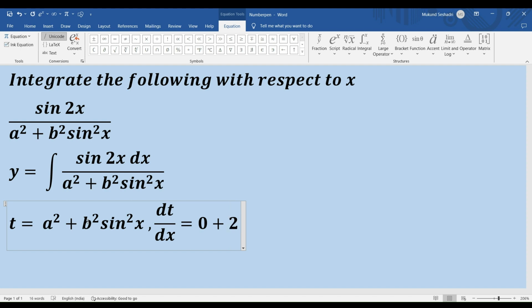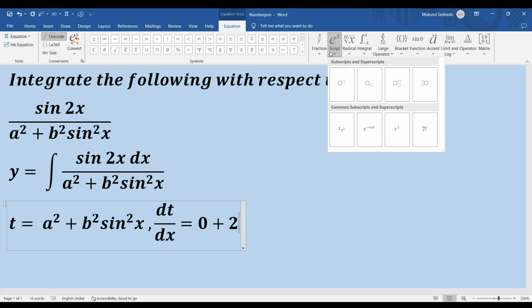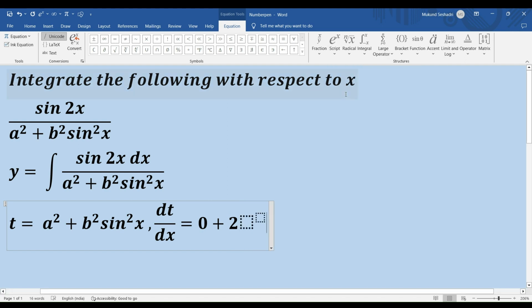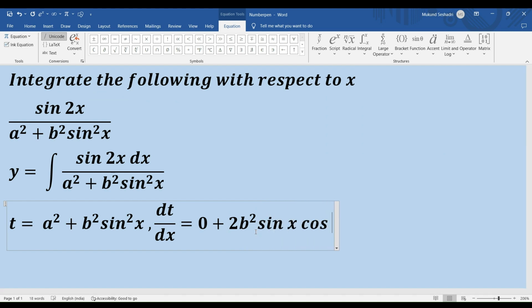So I'll get 2 times b square remains as it is, and I have sin x cos x. I know that 2 times sin x cos x is sin 2x, so I can rewrite this expression as b square into sin 2x. So this is my dt by dx, right?